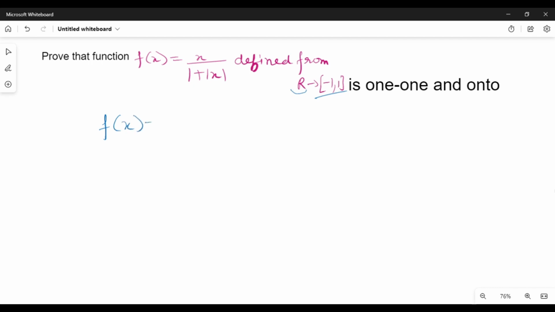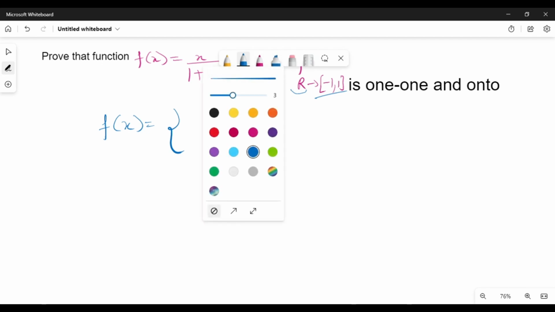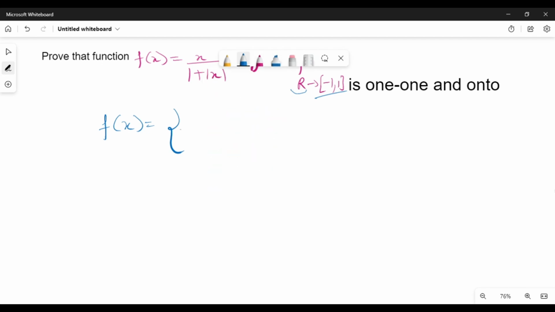Your function will be f of x is equal to x over 1 minus x if x is less than 0, and x over 1 plus x if x is greater than or equal to 0. This is how we have to define the function first.